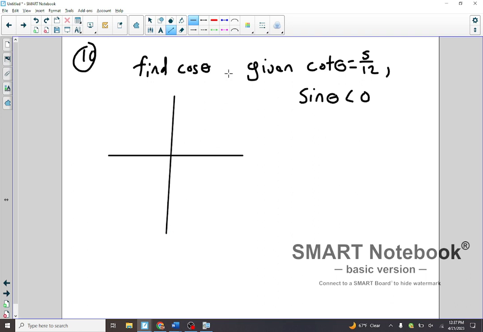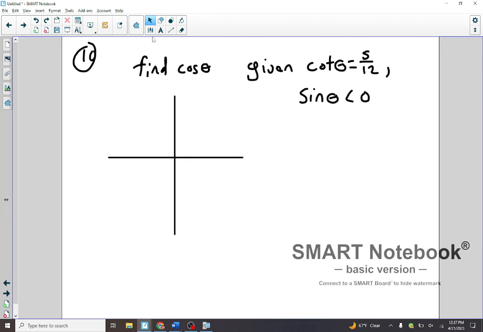Wait, and sine is what? Less than 0. So in this scenario, we have cotangent or tangent being positive. So cotangent being positive has to be in quadrant 1, all students take calculus, or quadrant 3. Sine being negative has to happen in quadrant 3 or quadrant 4, which in this case, where's the only quadrant where both of these could be true?